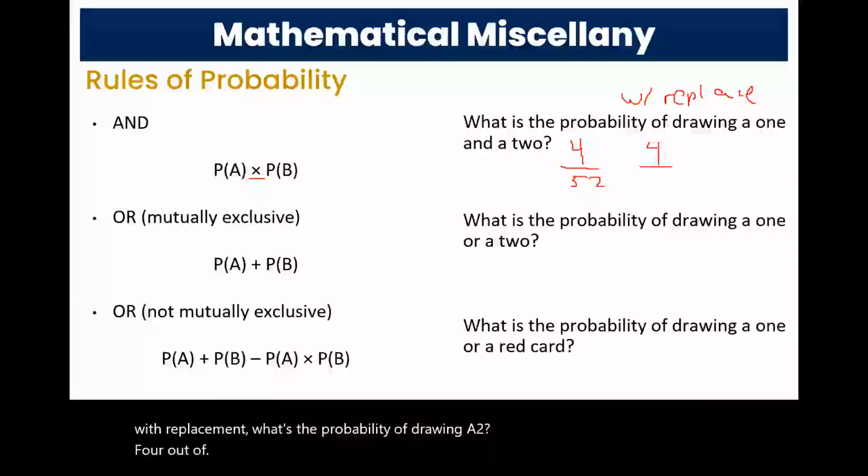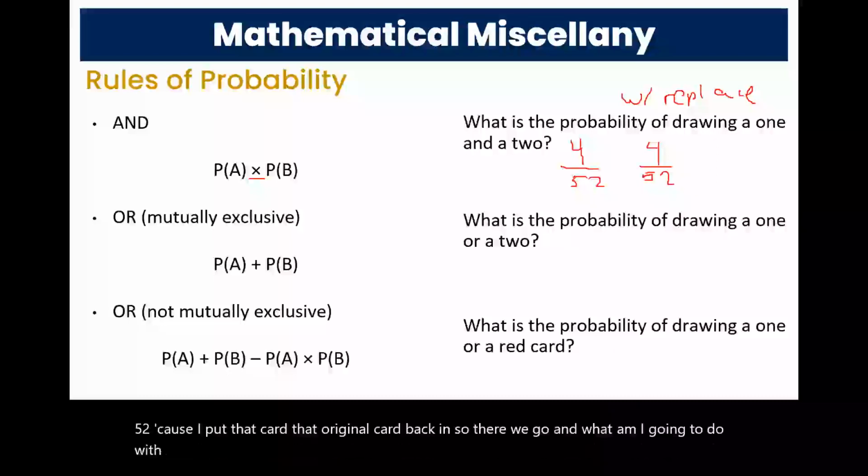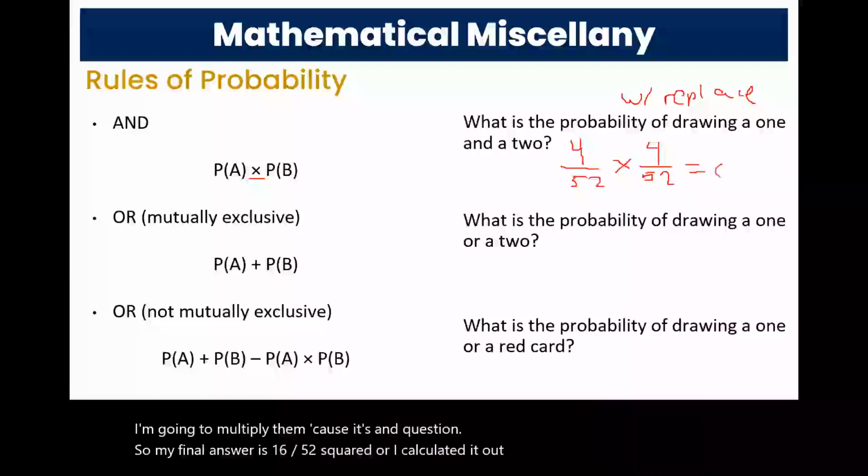Because I put that original card back in, so there we go. And what am I going to do with these two individual probabilities? I'm going to multiply them because it's an "and" question. So my final answer is (4/52) squared, or I calculated it out to be 0.006. There we go, 0.006.